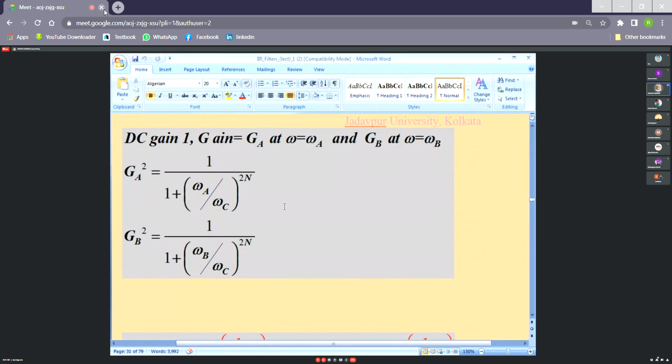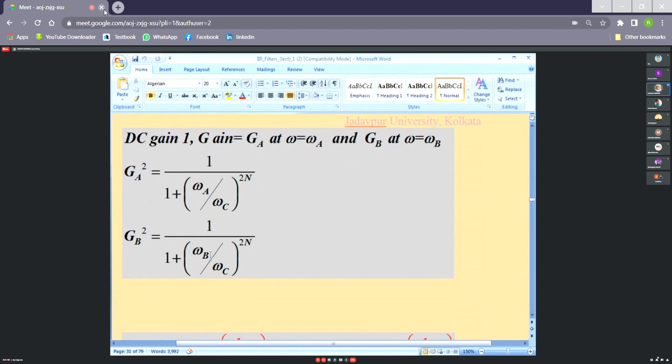From the magnitude squared function expression, you get GA squared given by this expression. Now your duty will be to evaluate the cutoff frequency as well as the order. And GB squared will be given by the expression here.